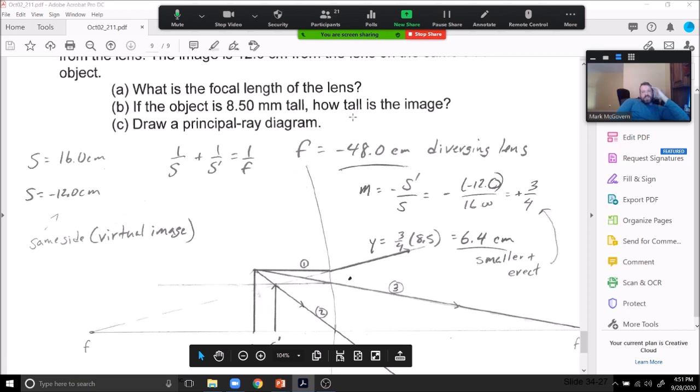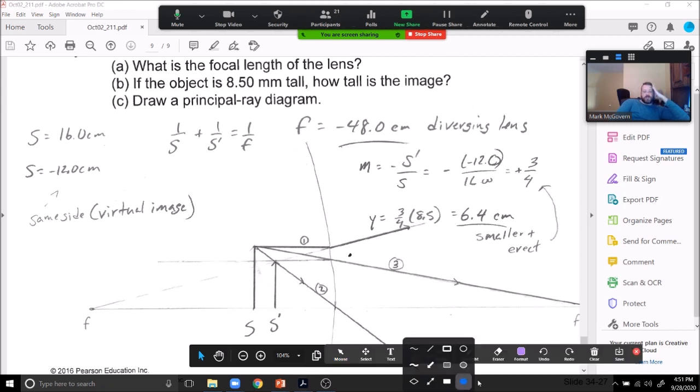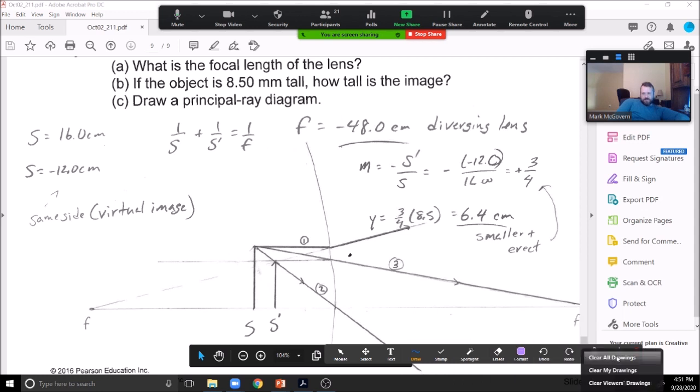So this is a weird thing, but I drew this out. There's my object at 16 centimeters, and let's trace over these rays with this beautiful lavender. I want to stick with the lavender for a little while because I'm loving that color. Anyway, we have our first ray that runs parallel. Then we have to trace back to the focal length on this side, and we see that we have a ray that comes up like this.